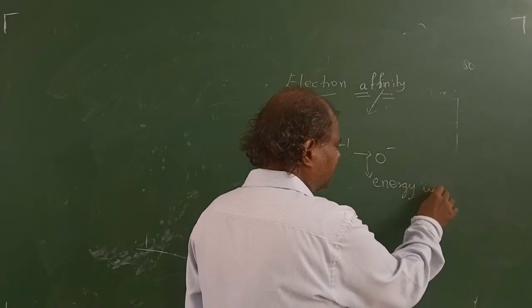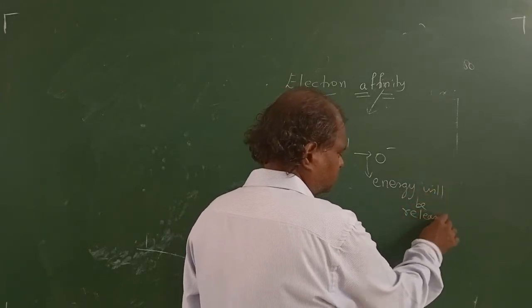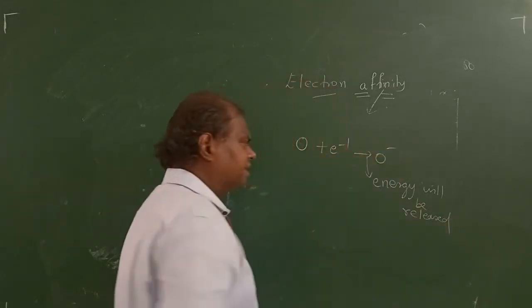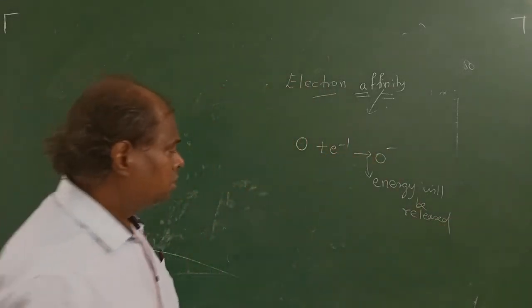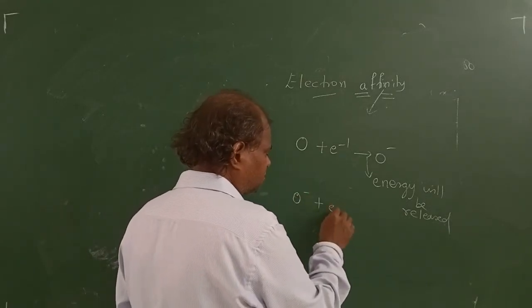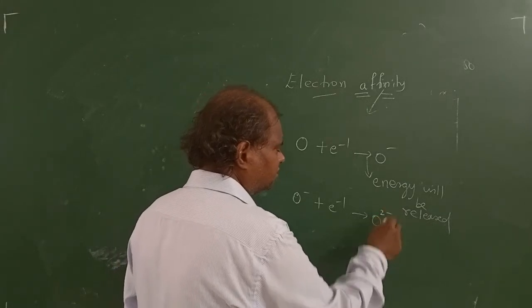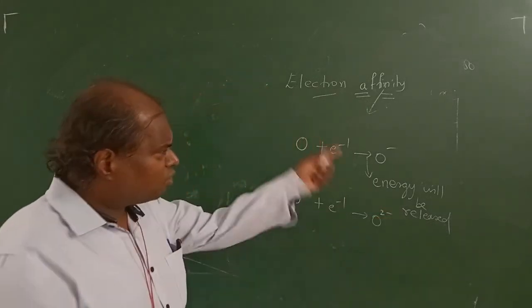When you add the first electron, energy will be released. That means oxygen likes to have the electron. Clear? But students, the second electron will be very, very tough.